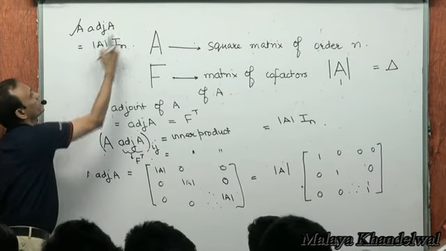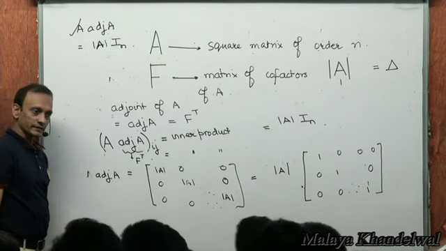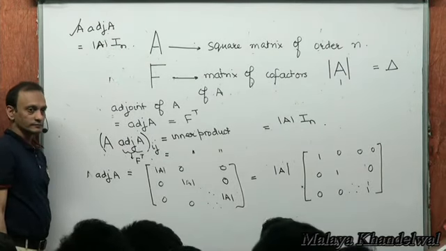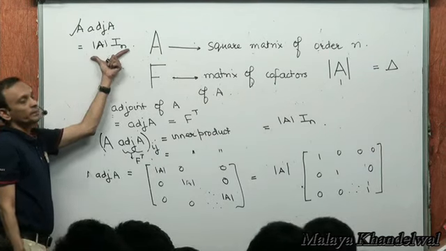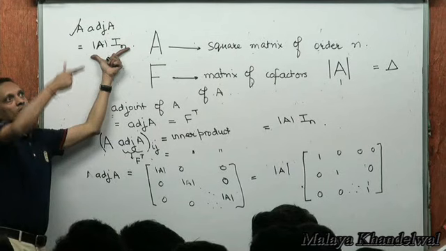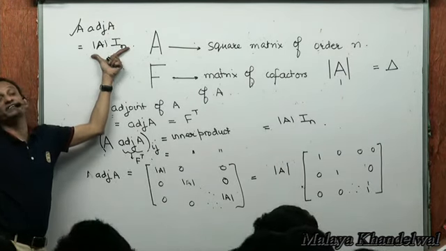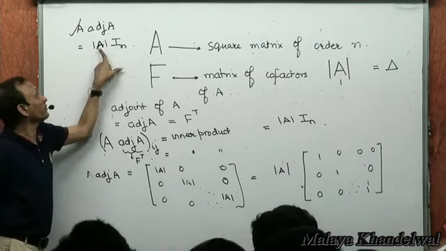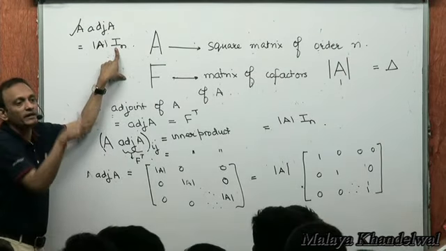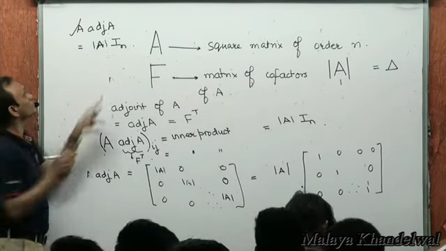So A adjoint A is determinant A into I_N. This essentially would be a matrix whose diagonal entries are determinant A, determinant A, determinant A, everything else will be 0. When I multiply this with I_N, the diagonal elements are 1 1 1, everything else 0.